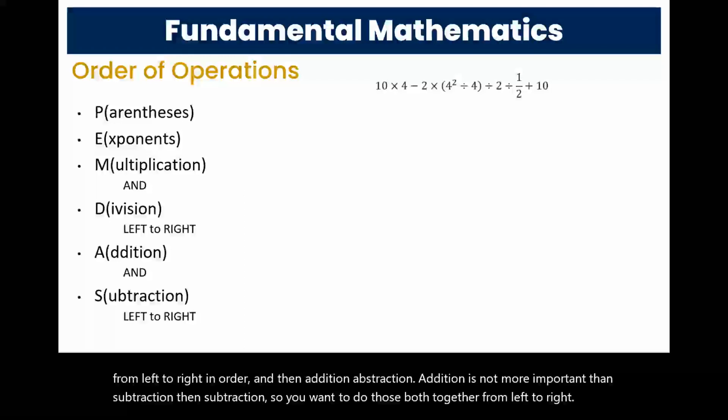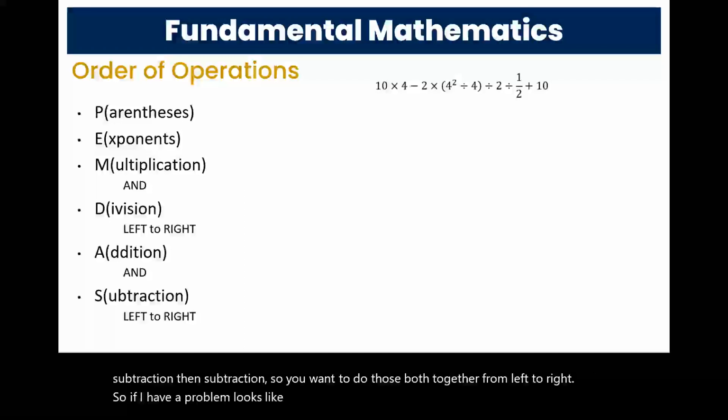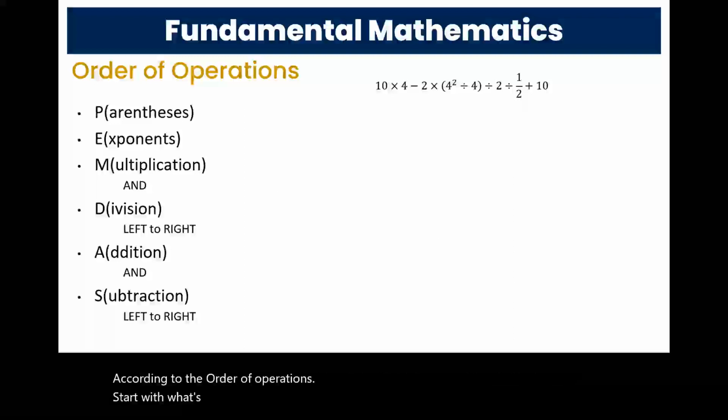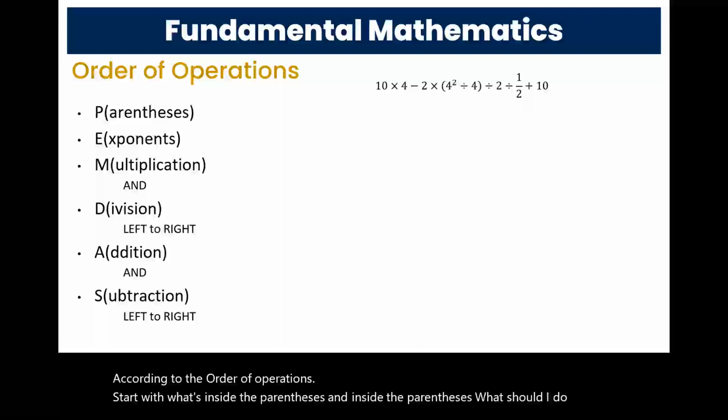So if I have a problem that looks like this, what is the first thing I should probably do here, according to the order of operations? Start with what's inside the parentheses, and inside the parentheses, what should I do there first?